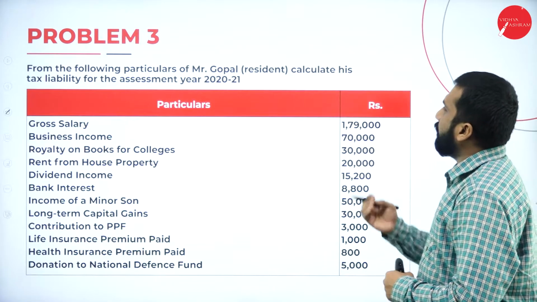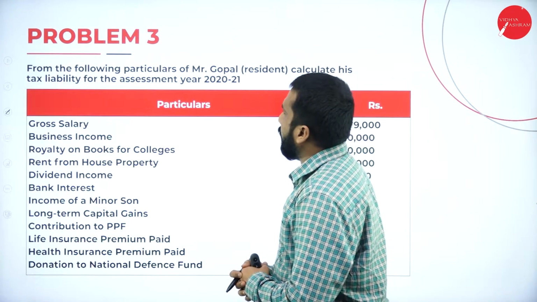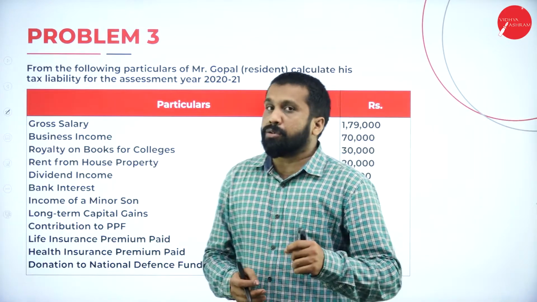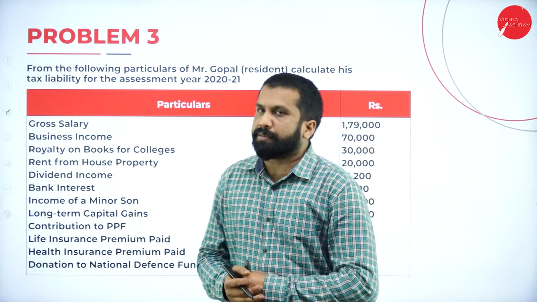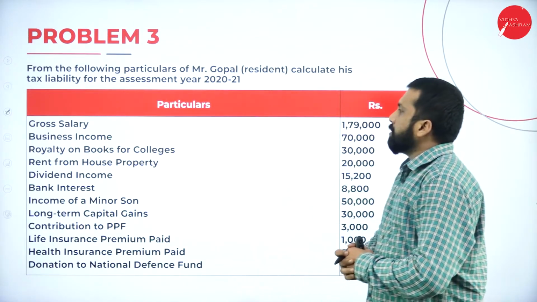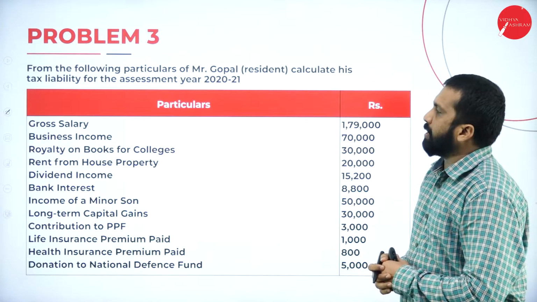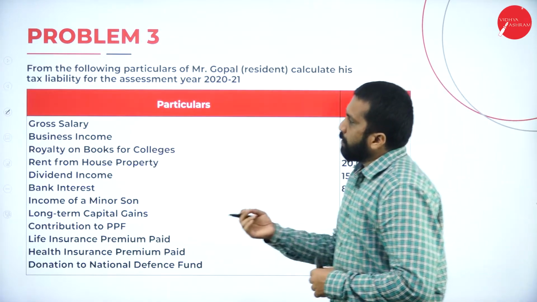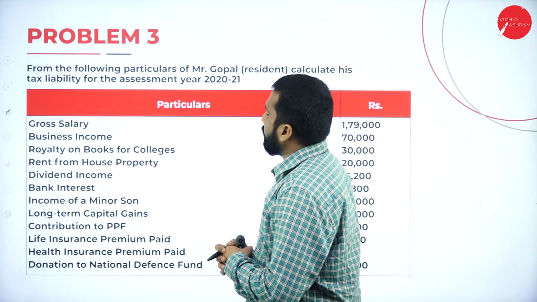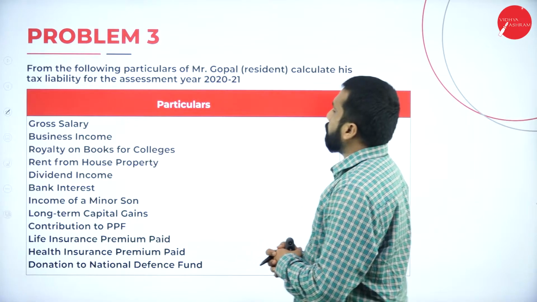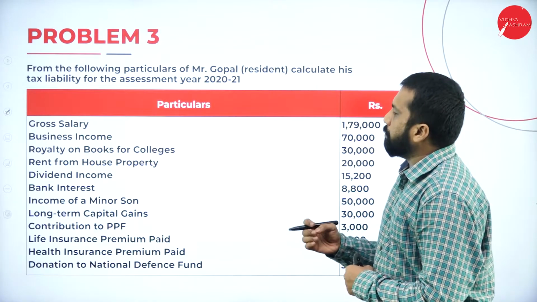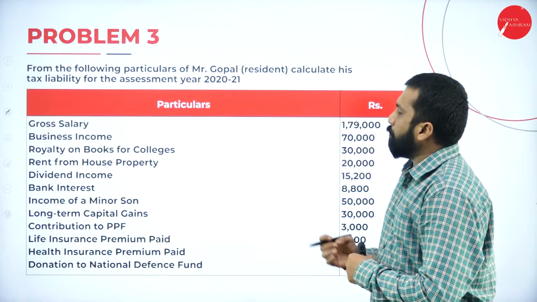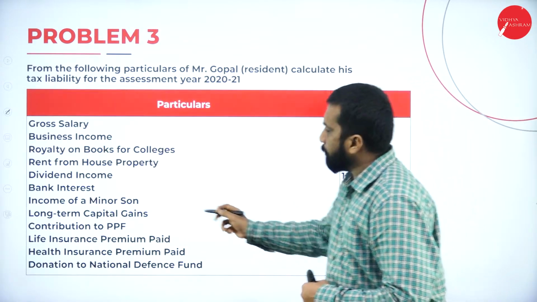Gopal, resident, calculate his tax liability for the assessment year 2020-21. In this, we have gross salary, business income, royalty on books for colleges, rent from house property, dividend income, bank interest, income of minor son. This is important.